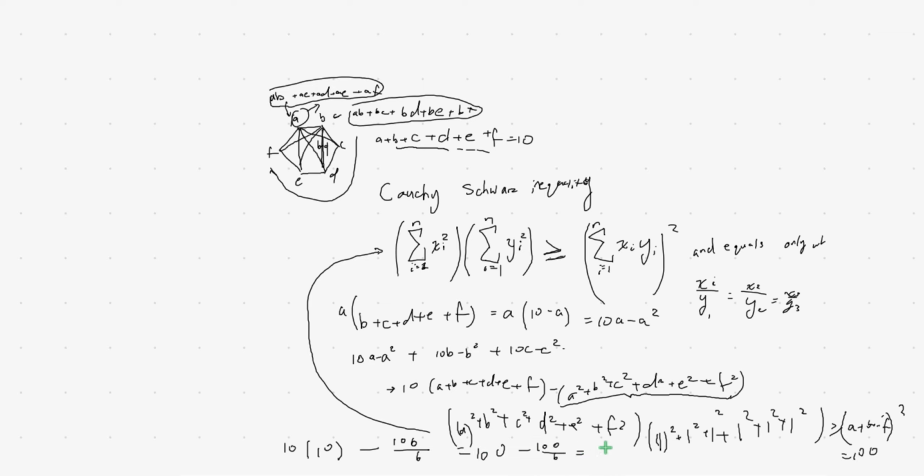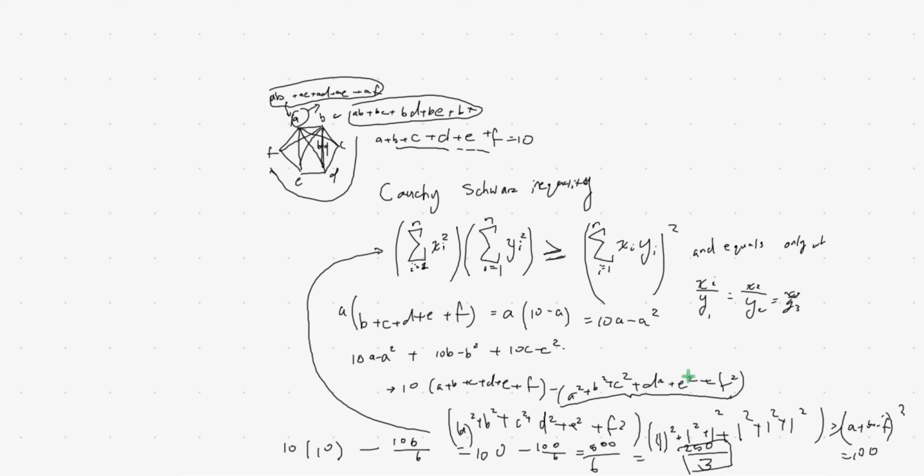That should give you 500 over 6. Sorry, I was just checking this part, I was confused a little bit. So this equals 250 over 3, and that's the answer.